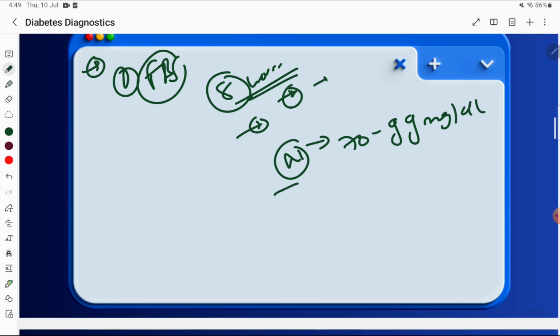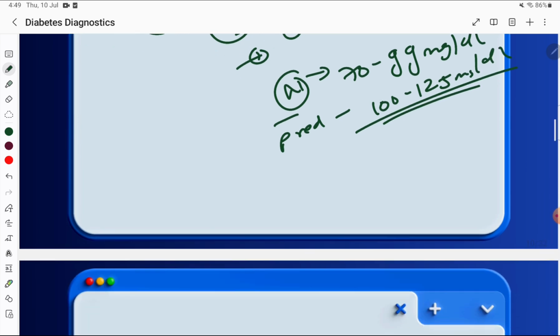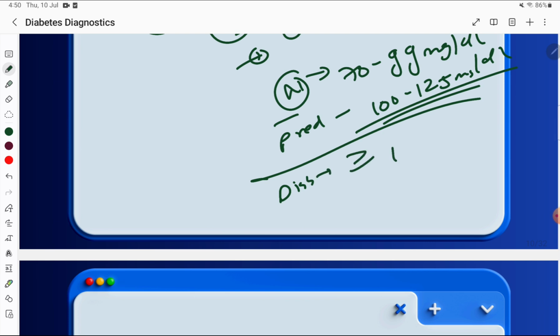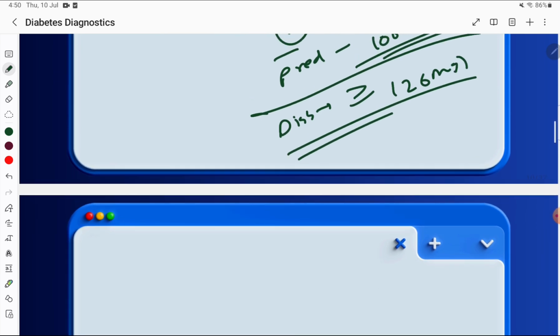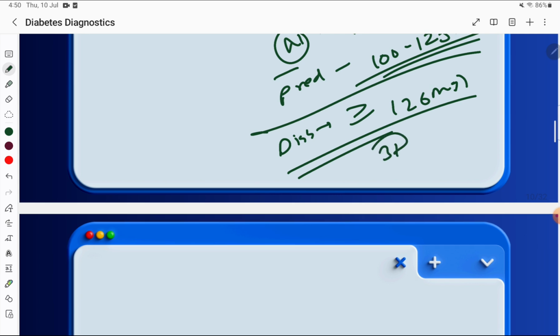If a patient is pre-diabetic, the range would lie from 100 to 125 milligram per deciliter, and in confirmed diabetic patients, it will be greater than or equal to 126 milligram per deciliter. But remember that this should be on 3 or more occasions.